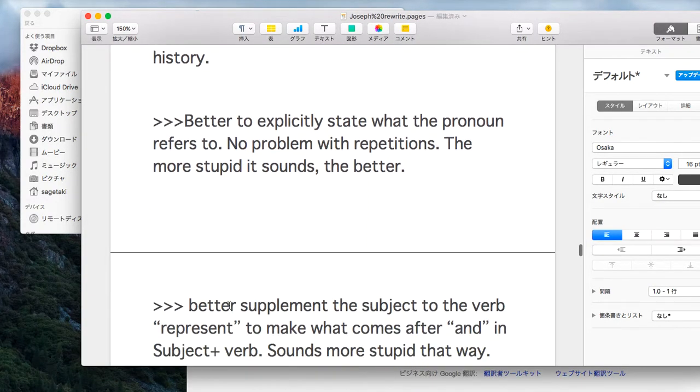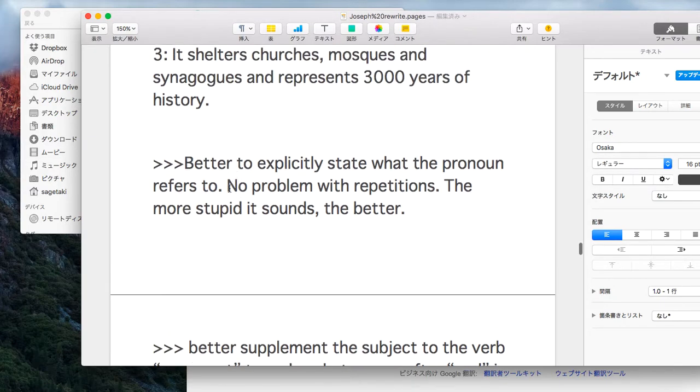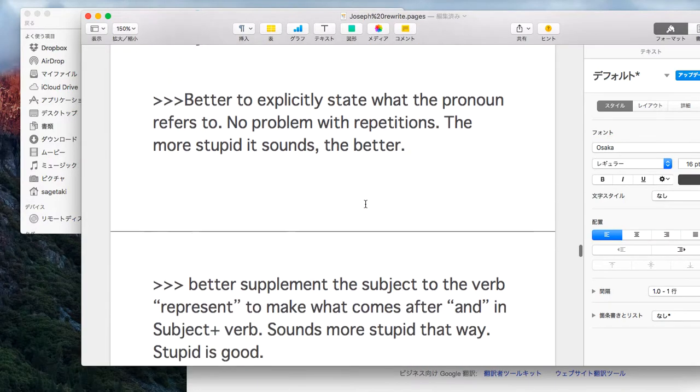It must sound stupid. Well, as I have mentioned here, no problem with repetitions. Don't be scared of that. In English, you have to choose some other words to avoid sounding too stupid. But in this case of rewriting, this is nothing you have to worry about. The more stupid and childish it sounds, the better.